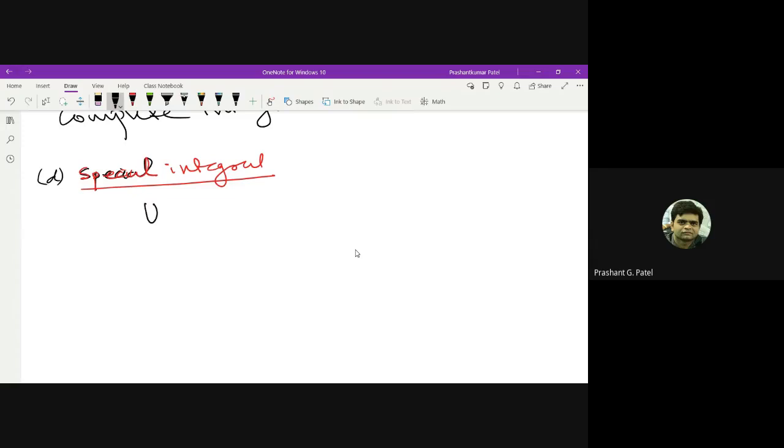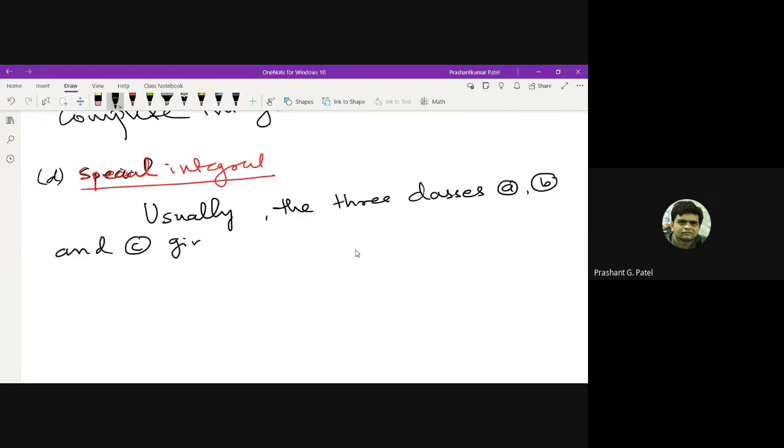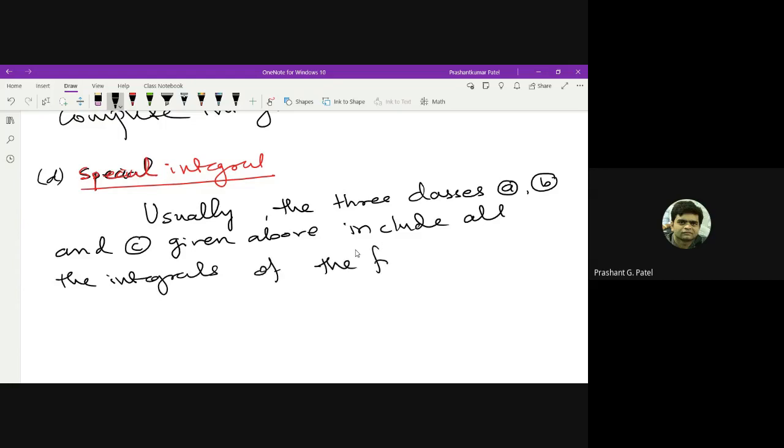So it is saying that usually the three classes that we have talked about here, A, B and C given above, include all the integrals of the first order PDE.